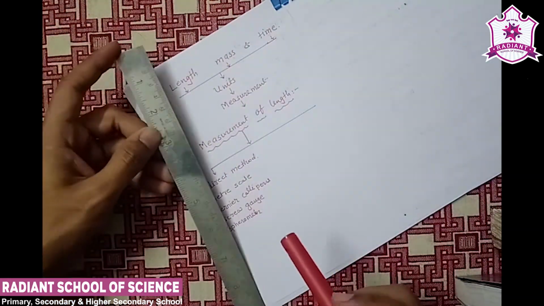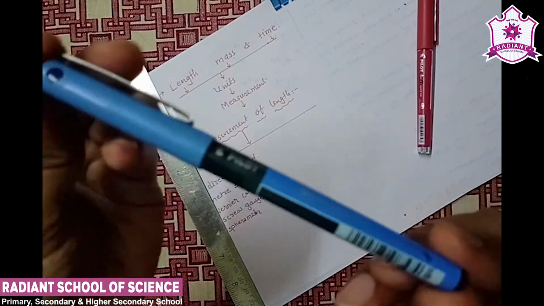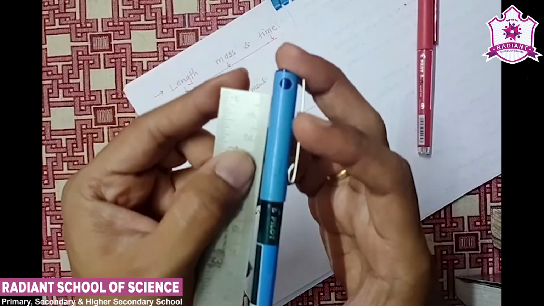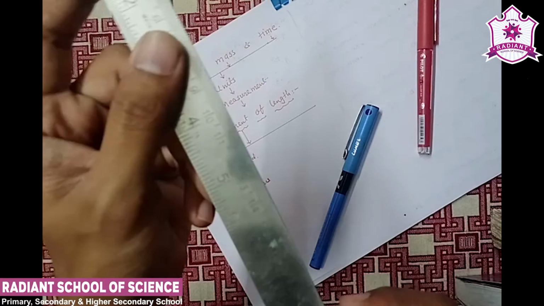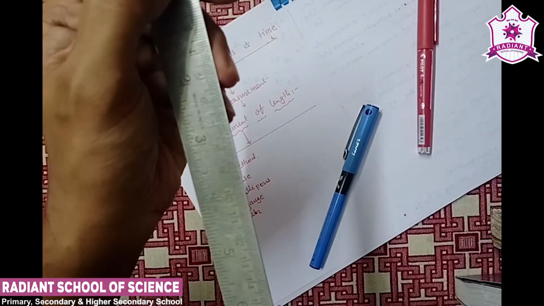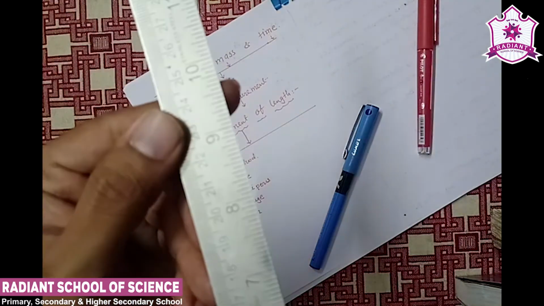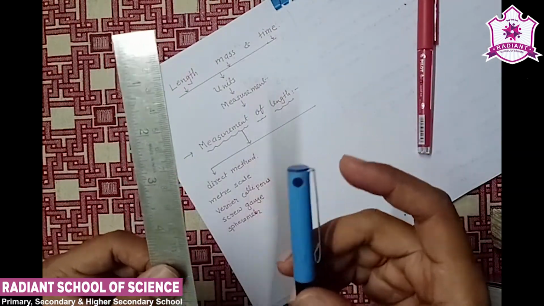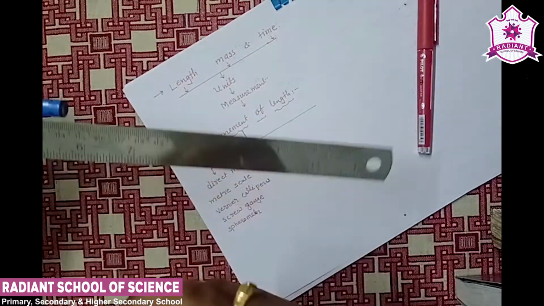Suppose I have one pen, and I want to measure the length of this pen. Simply I will use this scale. We already know that this scale has millimeters, centimeters and inches printed on it. With the help of this scale, I can measure the length of the pen.